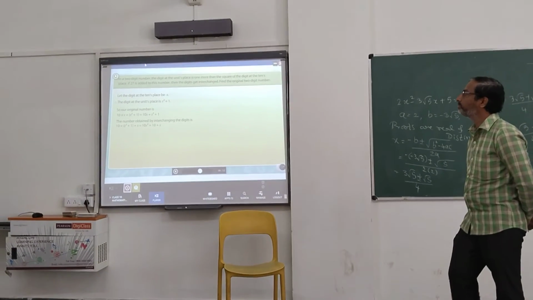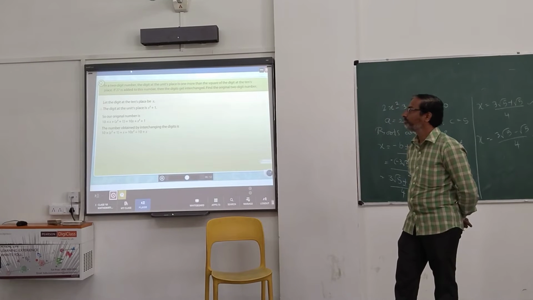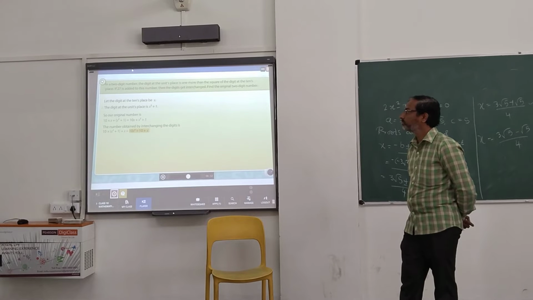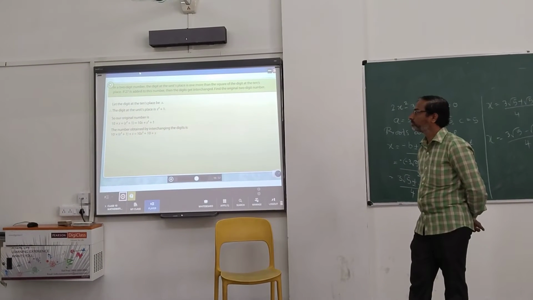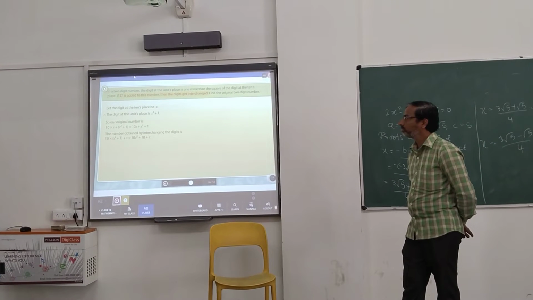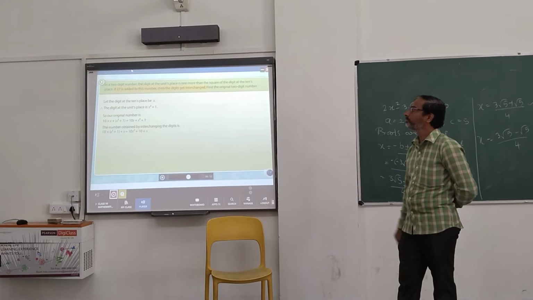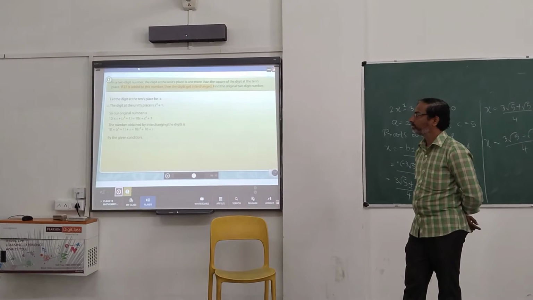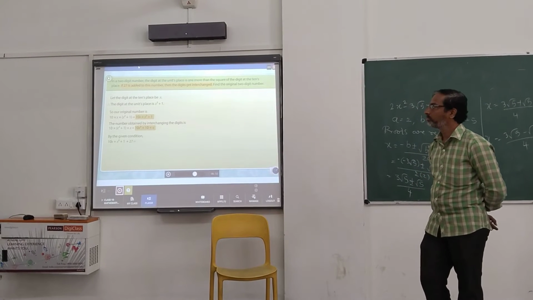If the digits are interchanged, the new number will be given by 10 times x squared plus 1 plus x, that is 10x squared plus 10 plus x. Now, we are also given that when 27 is added to the original number, we get the new number with interchanged digits. So, we can say that the original number plus 27 is equal to the new number.